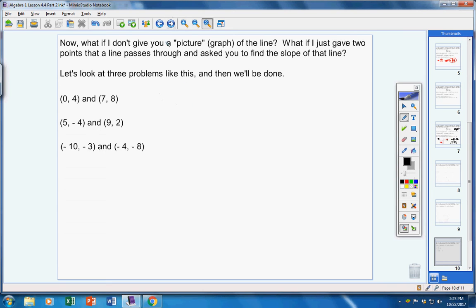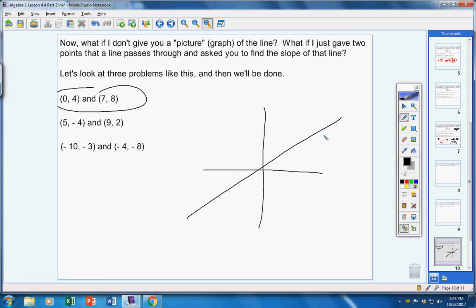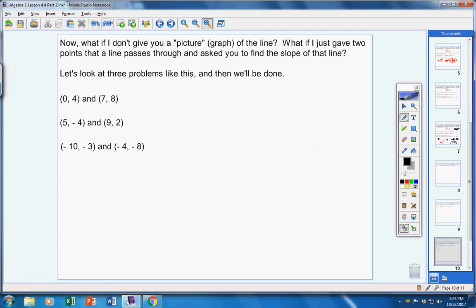Well, you're welcome to draw the graph, plot these 2 points, draw the line, and find the slope. But it takes a long time. If I don't give you a picture or a graph of the line, and I just give you 2 points that the line passes through, and I ask you to find the slope, well, that's where your formula comes in.